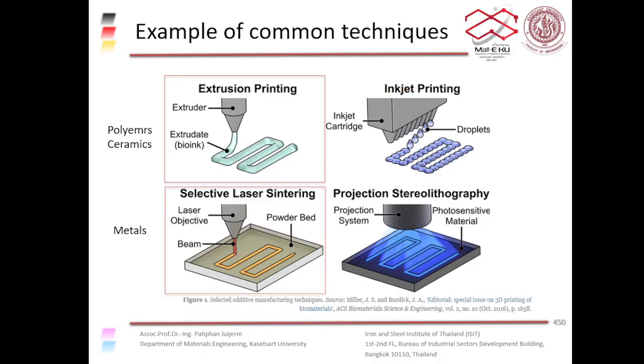Examples of common techniques used for 3D printing of metal. Right? So for polymers and ceramics, you can use a technique which is called extrusion printing.